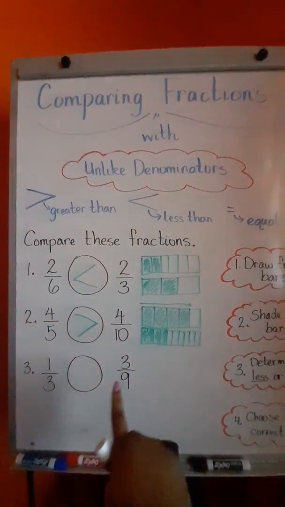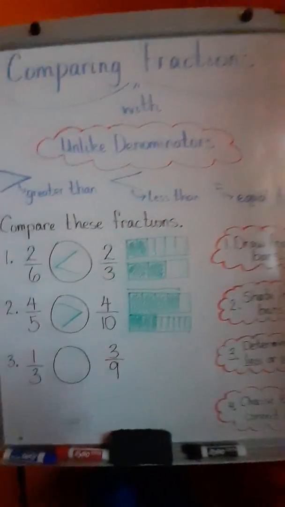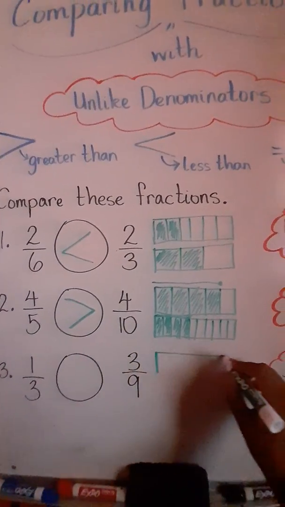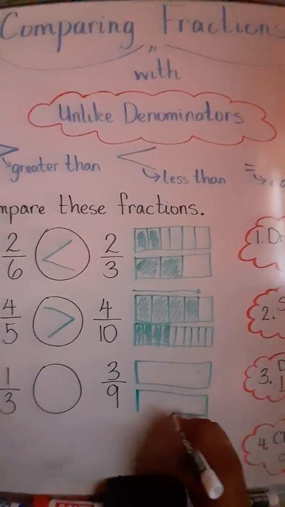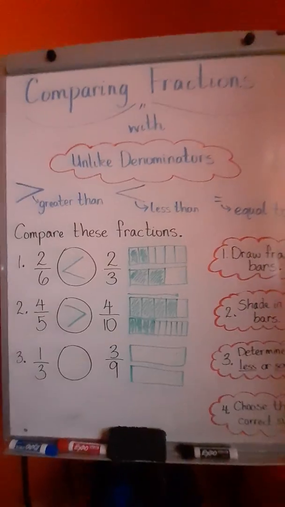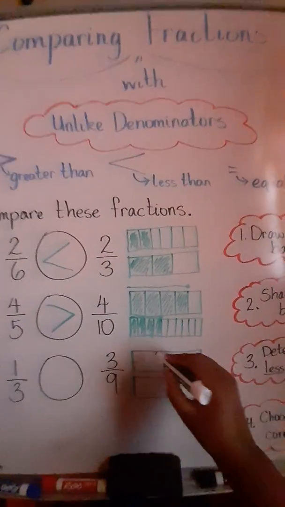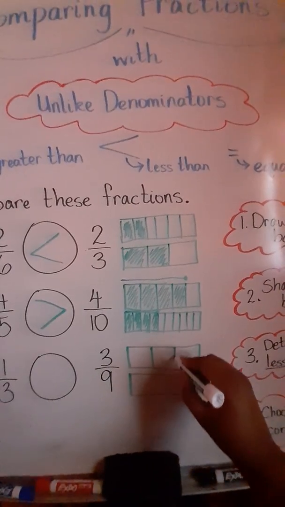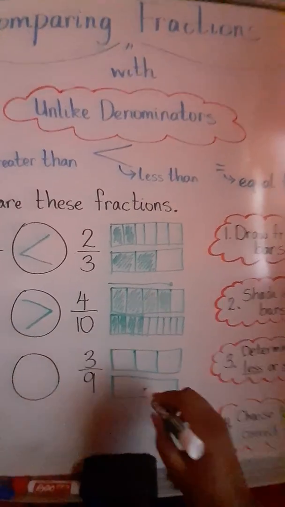The denominators are different, so we have to draw our fraction bars. The denominator always tells how many parts your fraction bars are going to have. The denominator here is 3, so we will have 3 parts. The denominator here is 9, so we're going to make 9 parts.